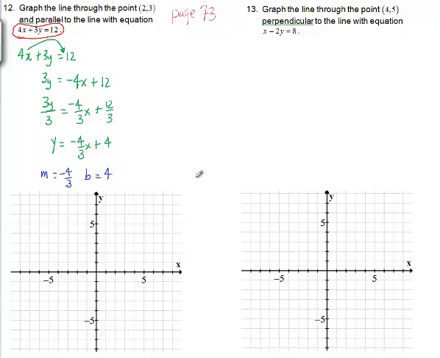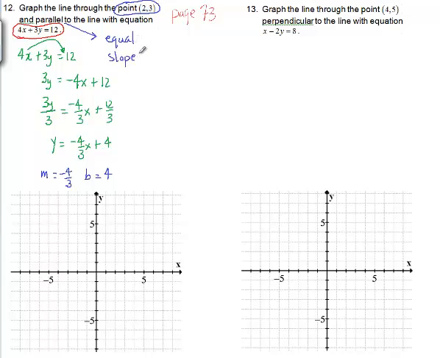Now, I can graph this line if I want, but remember, we want to graph a line that's parallel to this one and passes through a different point, and the point is up above there, (2, 3). What do we know about parallel lines? Parallel lines have equal slopes, right?